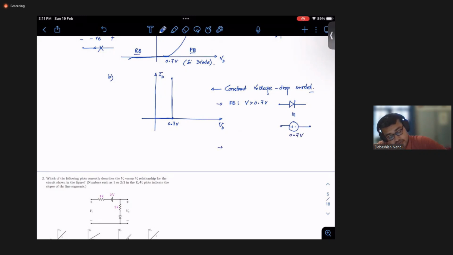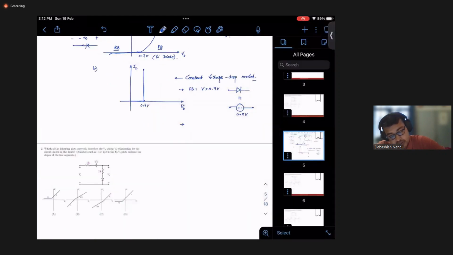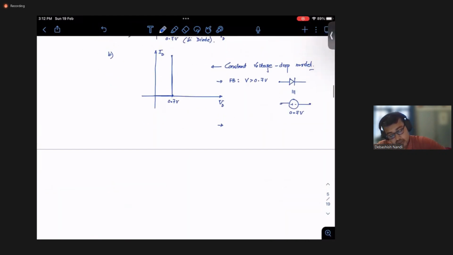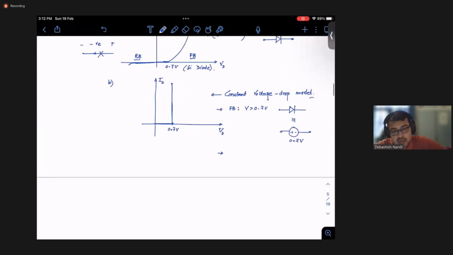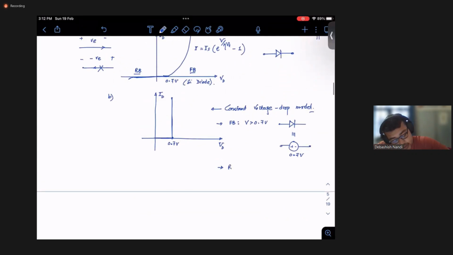And when in reverse bias, or VD less than 0.7 volt, then you can model it as an open circuit, right? This is the constant voltage drop model.